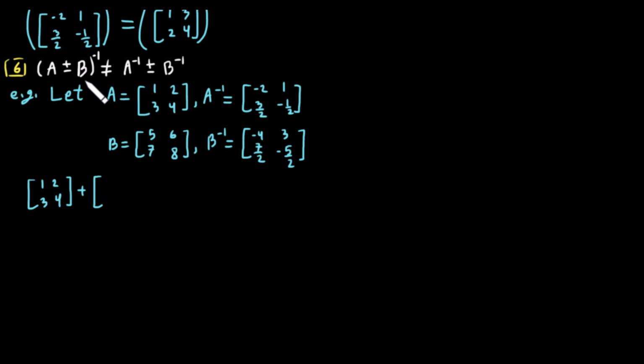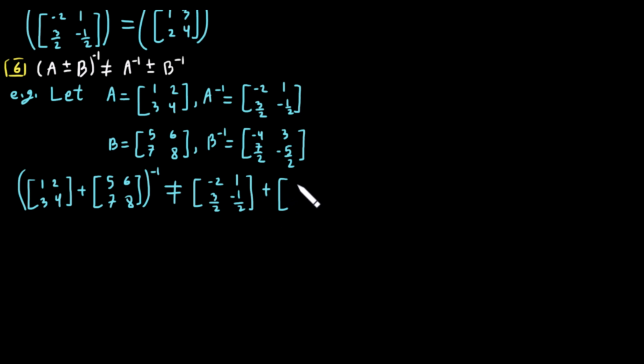If you put B here, 5, 6, 7, 8, and the whole thing to the power negative 1, it's not necessarily equal to the inverse of this one here, 1, 3 over 2, negative 1 over 2, plus negative 4, 3, 7 over 2, negative 5 over 2.